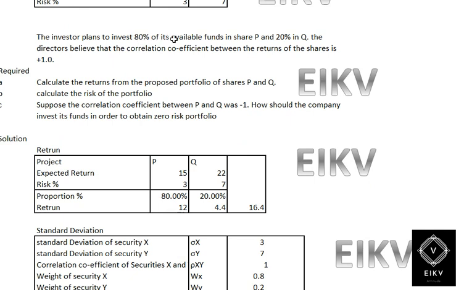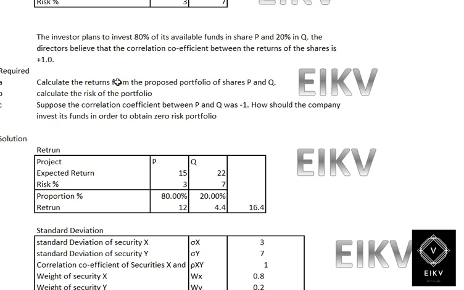The investor plans to invest 80% of its available fund in share P and 20% in Q. The directors believe that the correlation coefficient between the returns of the shares is +1 and 0.